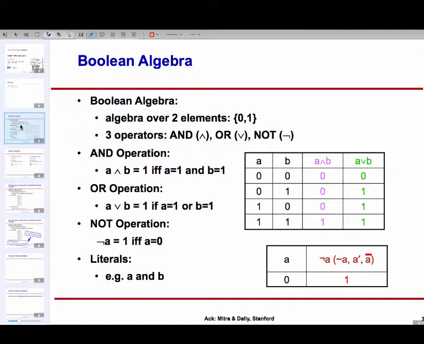A or B is high for the final three rows, so if any one of the inputs is 1. This is a straightforward mapping of the definition. The NOT function is written like this: if A is 0, the output is 1, and vice versa. If A is 1, the output will be 0. Other symbols used for NOT include the tilde sign, the apostrophe, as well as a bar drawn on top of A.